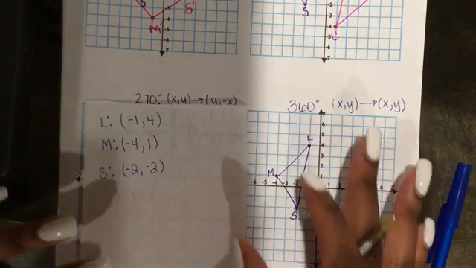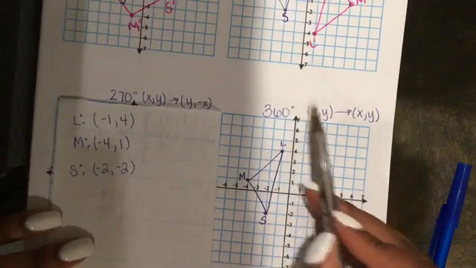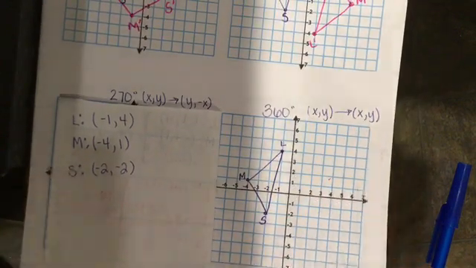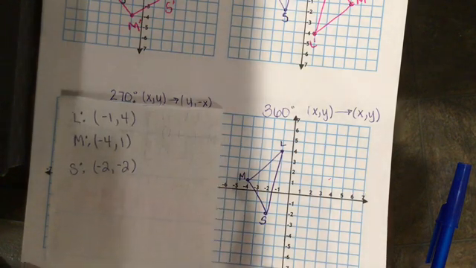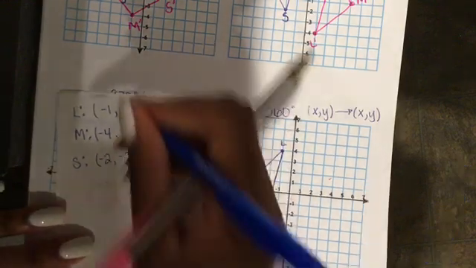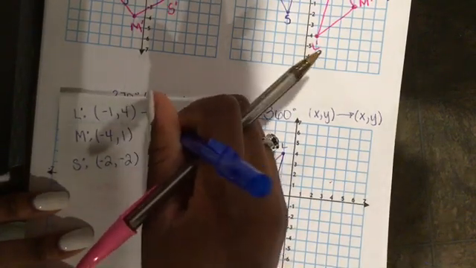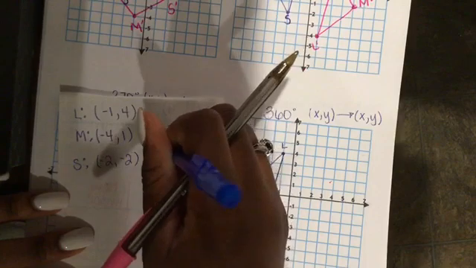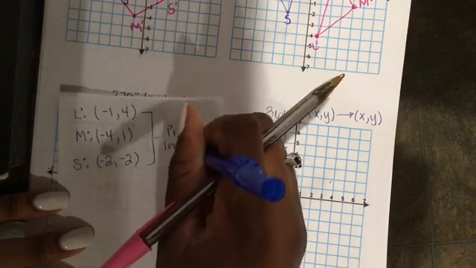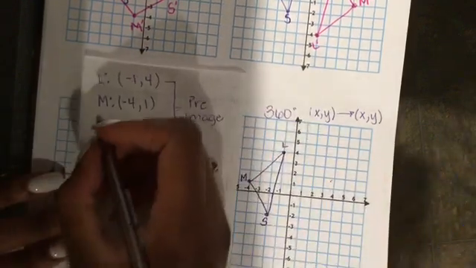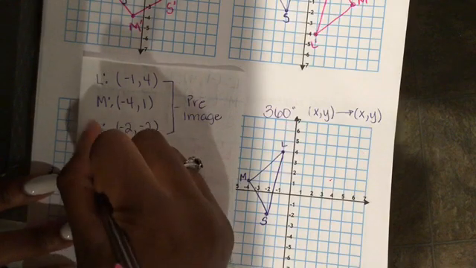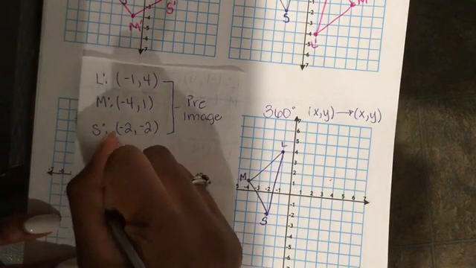So if you notice, your rule for 360 says what? X, Y, X, Y. Guys, 360 means you're back where you started. It's a complete circle. So guess what? From your pre-image, the points on your new image are the exact same thing. Nothing changes.